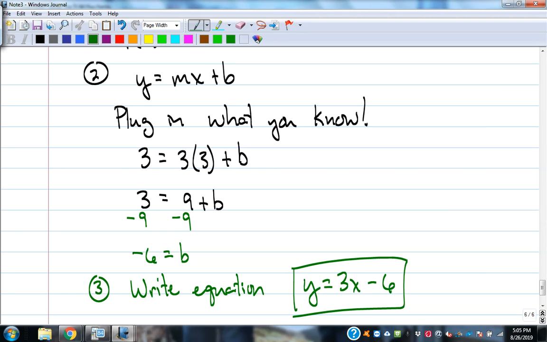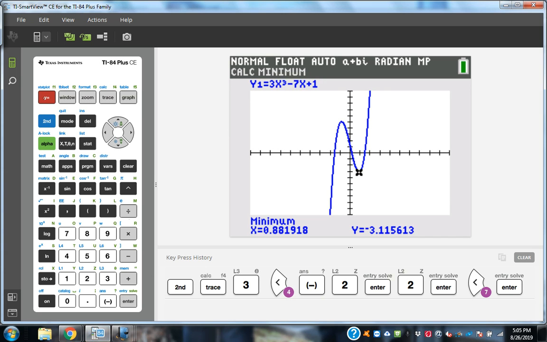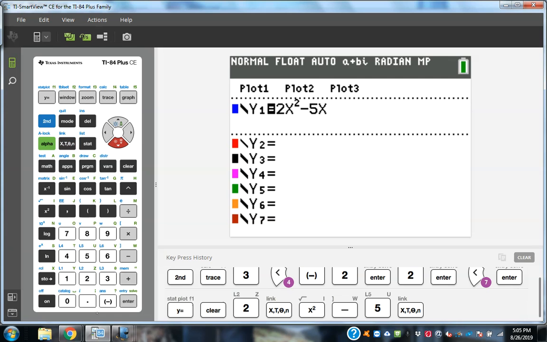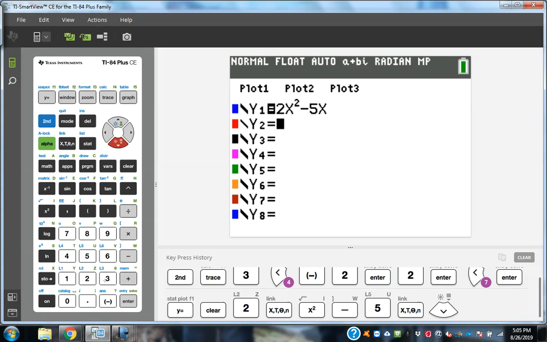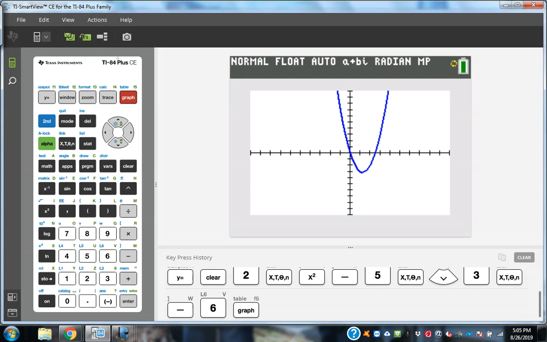I want to show you what that looks like graphically. If I take that original problem and I graph 2x squared minus 5x, and then on y2, I graph the 3x minus 6. How many times is that red line hitting the blue line?